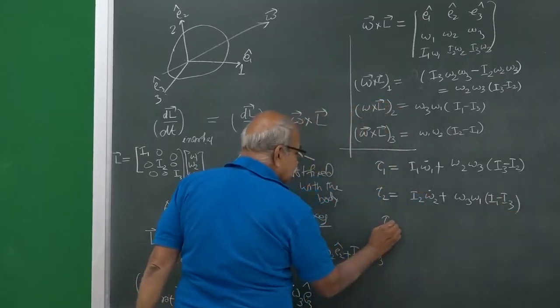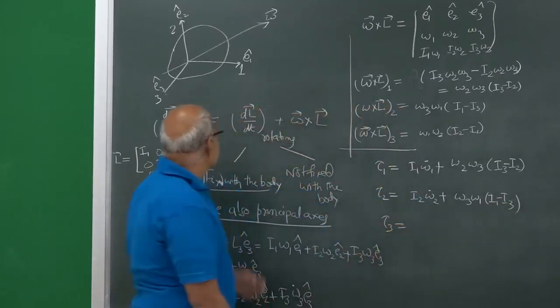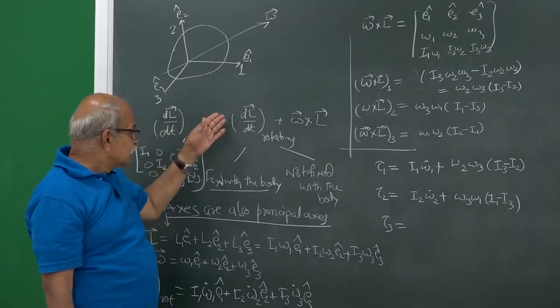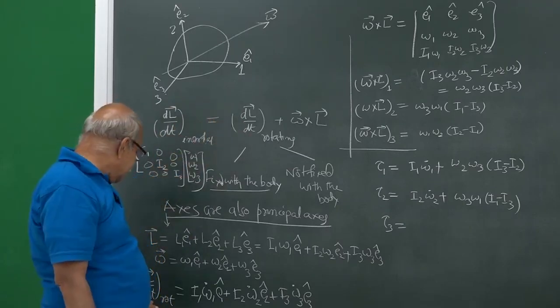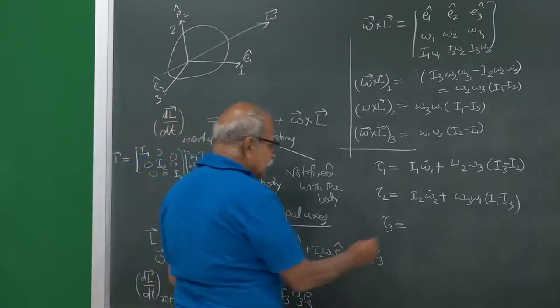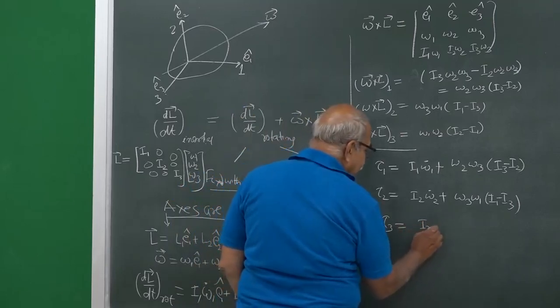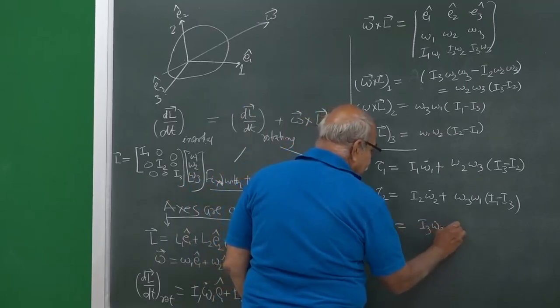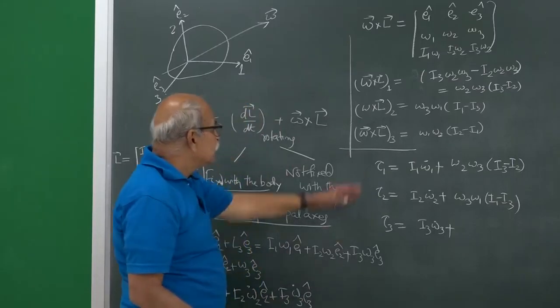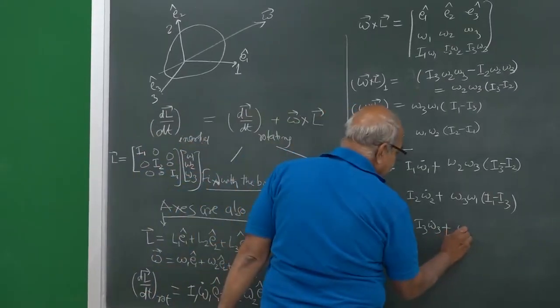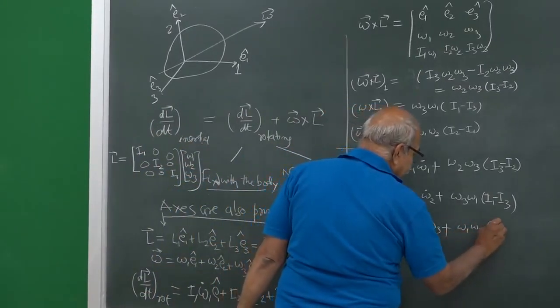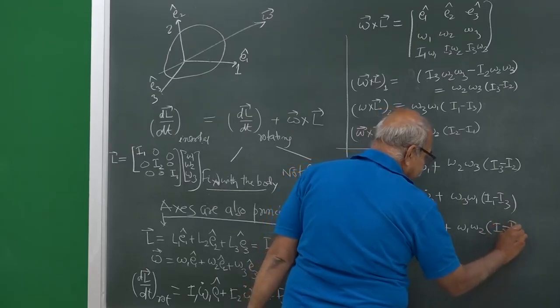Then similarly tau 3, the three component of dL/dt is I3 omega 3 dot, so this is I3 omega 3 dot, plus the three component of this, which is omega 1 omega 2 and I2 minus I1.